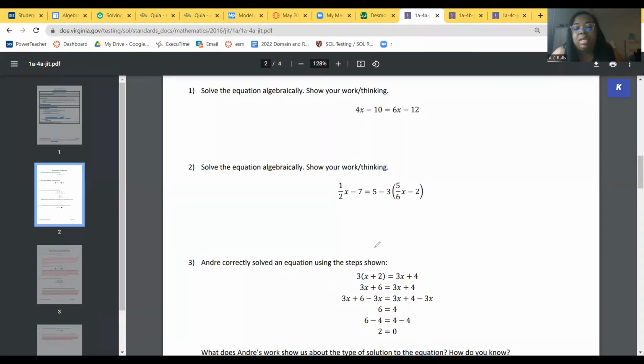One of the steps is to distribute, and then there will probably be combining like terms. So when you are solving equations, you want to make sure that you remove parentheses, which we have. After you remove parentheses, you combine like terms.